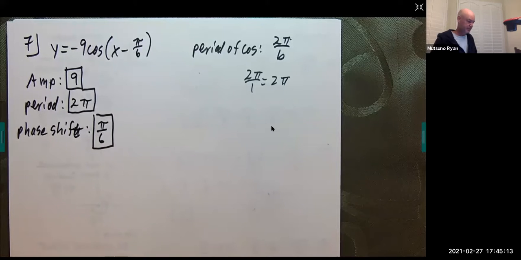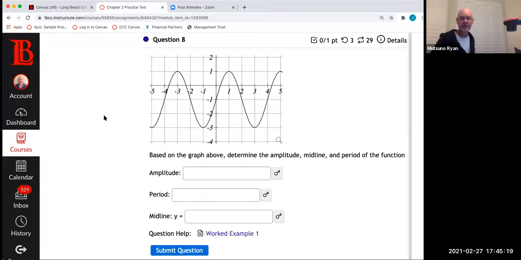All right, so for this next one, I'm going to switch screens. Number 8. Here we're given a graph, and we want to find what the equation of this graph is. First of all, I'm going to notice it doesn't start at any place normal. So it looks like this is the starting point if I were to start a period. You go to here.